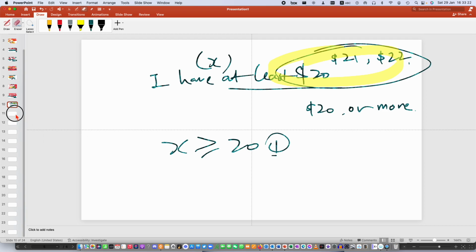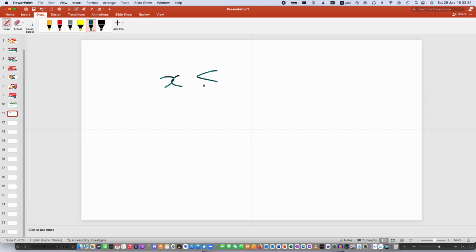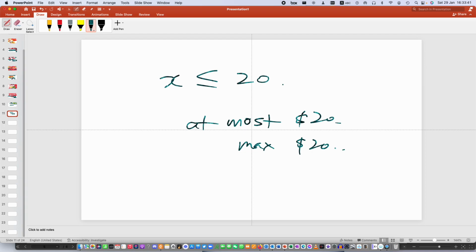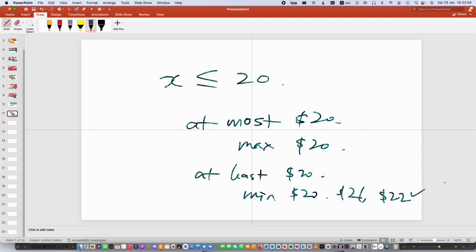Then how do you get the smaller or equal? At most. You know what's the meaning of at most? At most means maximum is 20. At least means minimum is 20, so 21, 22 are possible.